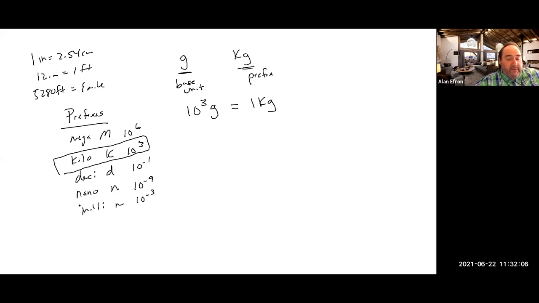If I was using nano, that would mean that there are 10 to the minus 9 grams in 1 nanogram, right? It doesn't really matter what unit you're using. Grams could be centimeters or meters, and it's the same idea: there's 10 to the minus 9 meters in 1 nanometer.